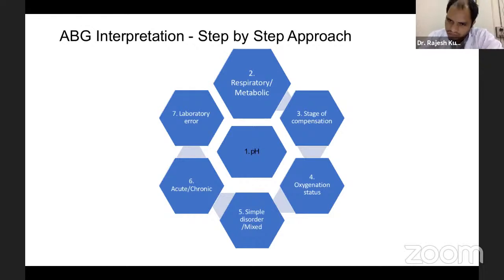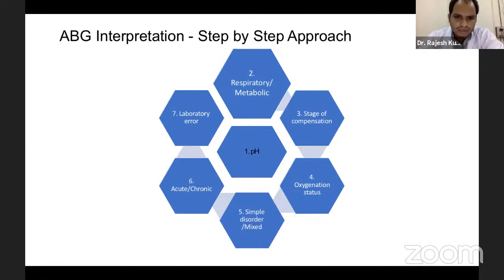Now after this compensation, you have to see the oxygenation status. Means what is your PF ratio, what is the alveolar-arterial gradient. After this, you have to see whether your ABG has just a simple disorder, like a respiratory acidosis with a metabolic compensation, or has both components, like respiratory acidosis as well as metabolic acidosis.